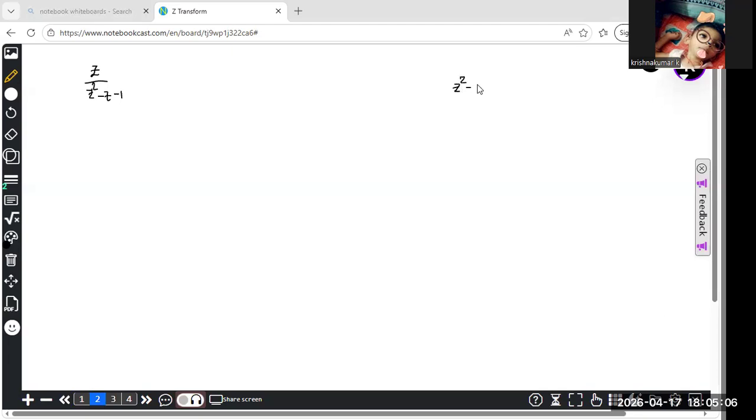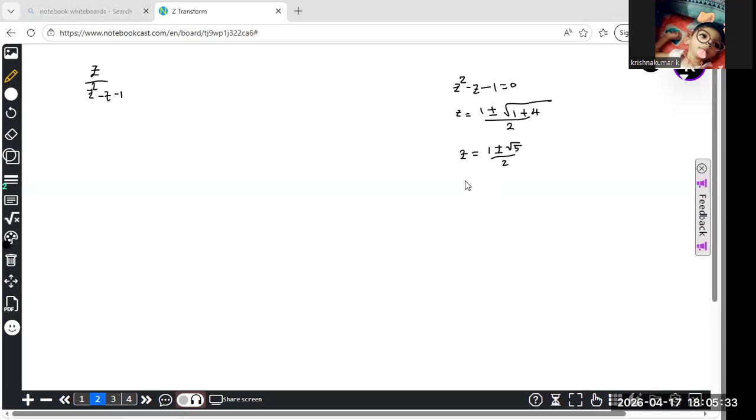z square minus z minus 1 equal to 0. So z will be equal to plus 1 plus or minus root of b square minus 4ac. So minus into minus plus, so 4, divided by 2a, so 2. So this z will be equal to 1 plus or minus root 5 divided by 2.